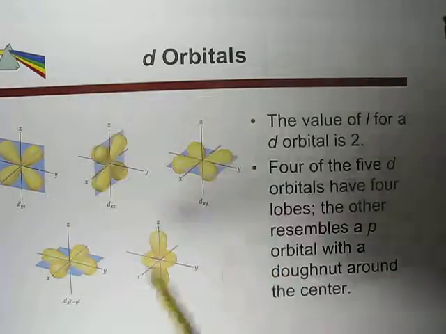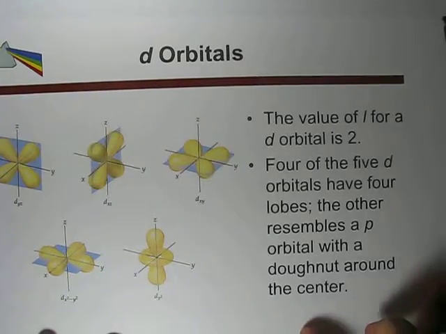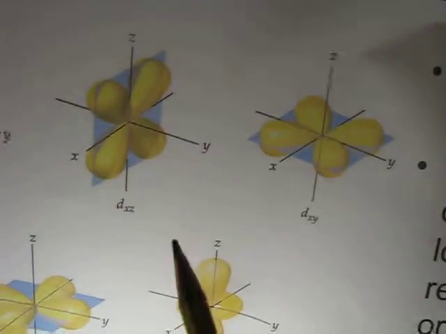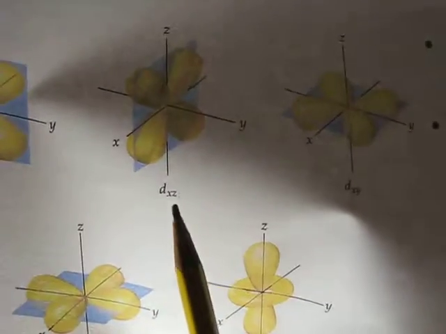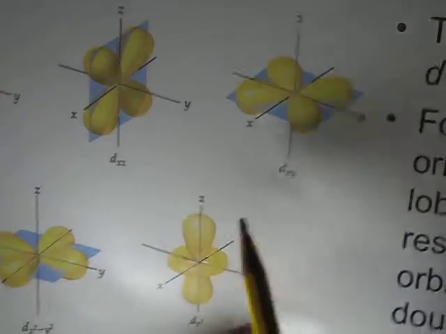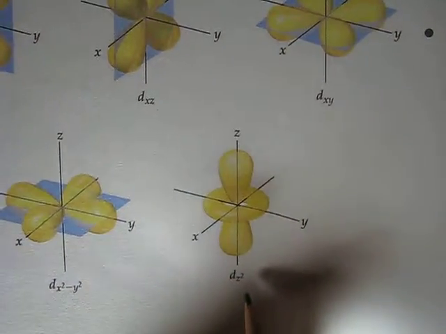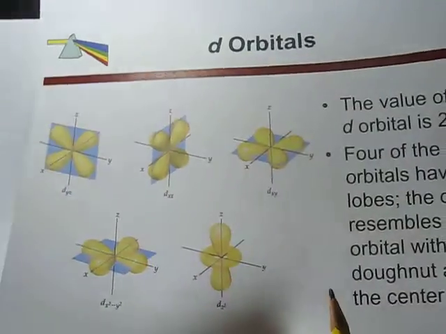They are called dyz, dxz, dxy, dx square minus y square, and dz square.